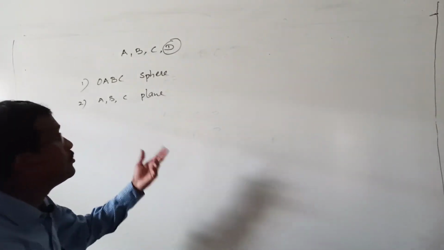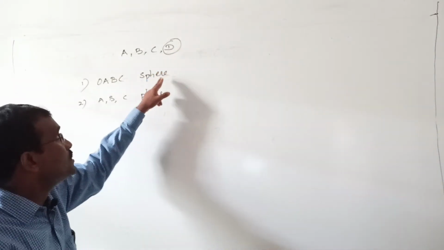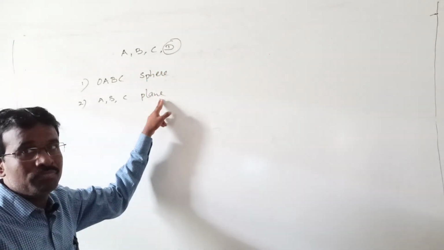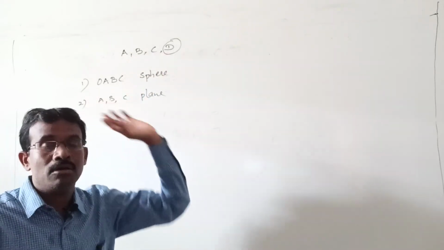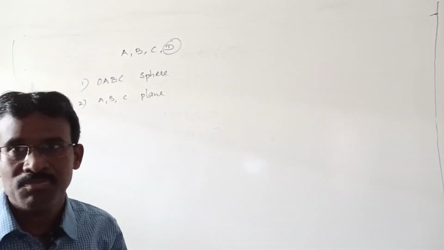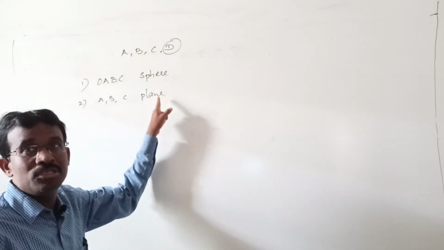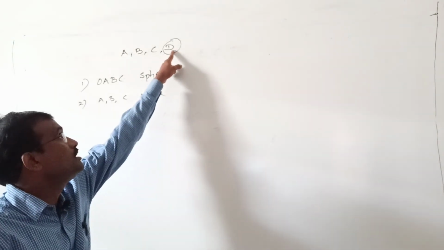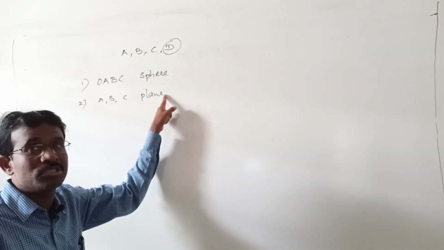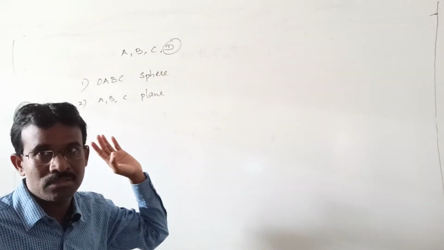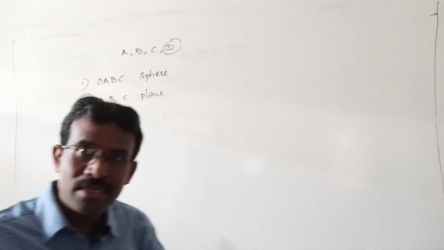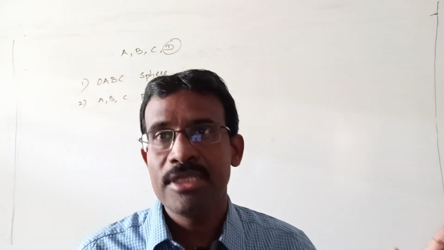Now, if this D point lies on this sphere and this plane, you say these 4 points are concyclic points. Whenever you substitute this D point in these two equations, both must be satisfied. In such a case, we say that those 4 points are concyclic points.